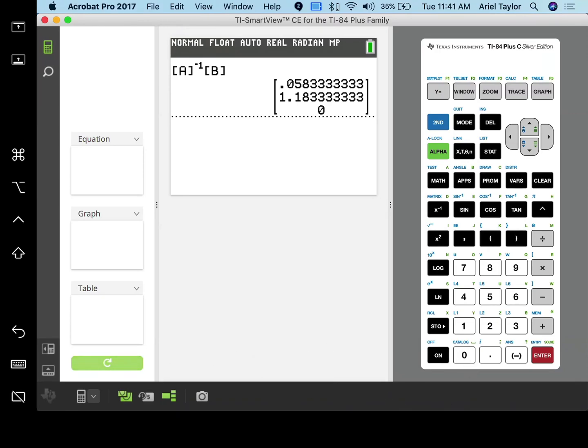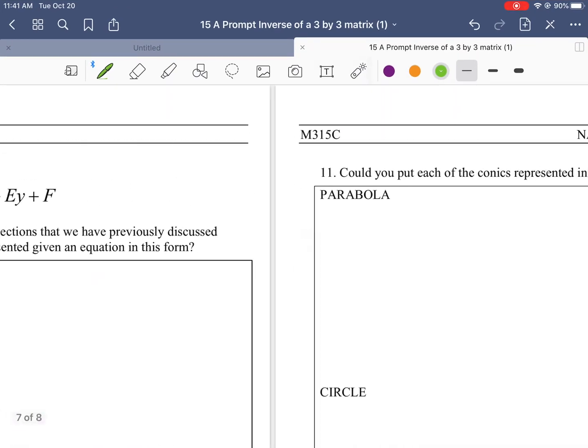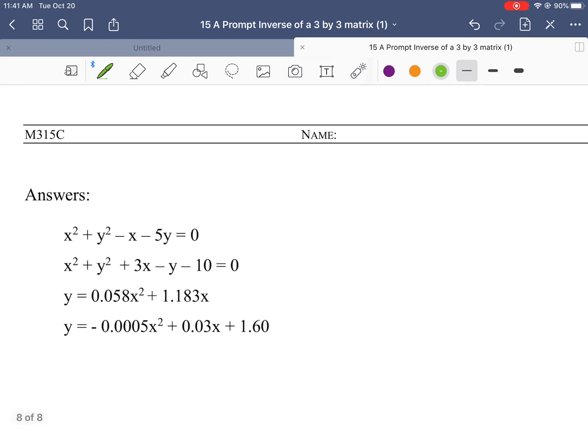So that's going to be our A value, our B value, and our C value. Let me pull it up just to make sure I did it all correctly. So, yes, our coefficients are 0.058, and then the B value was 1.183.